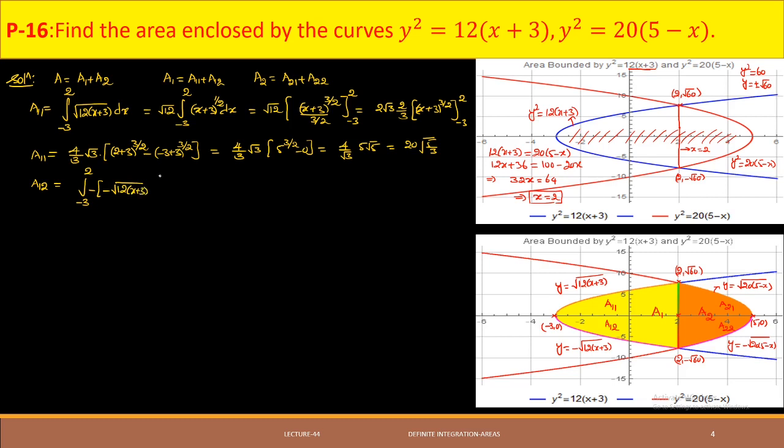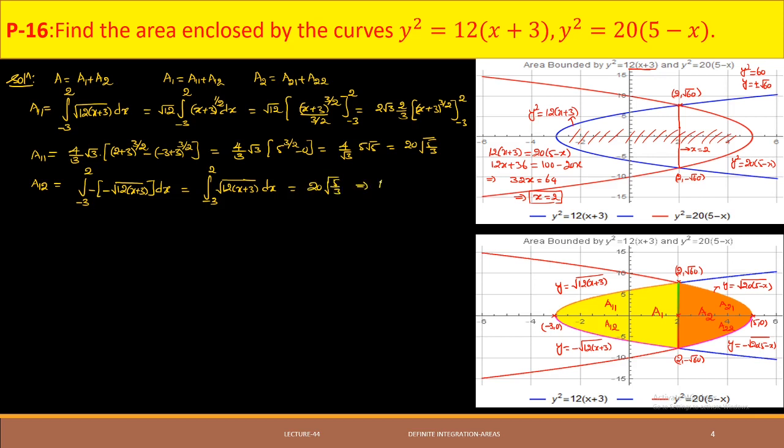We are applying the result 2 here. So that is equal to the integral from minus 3 to 2 of root of 12 into x plus 3. Just now we have found the value of this integral. This is equal to 20 into root 5 by 3.